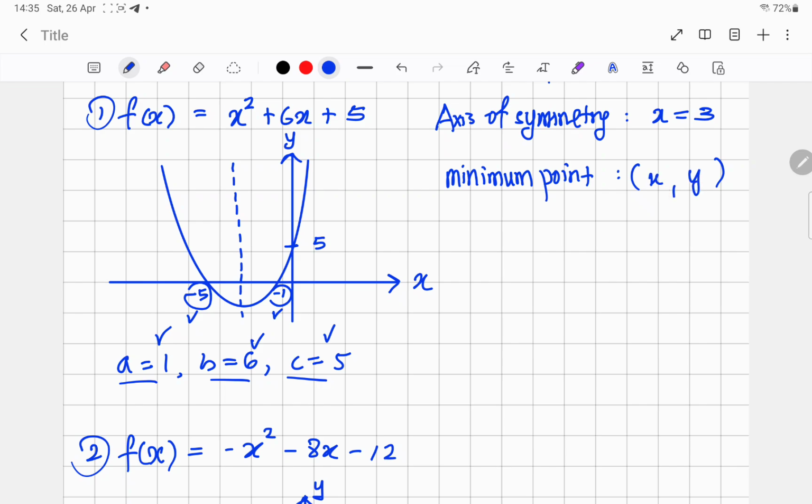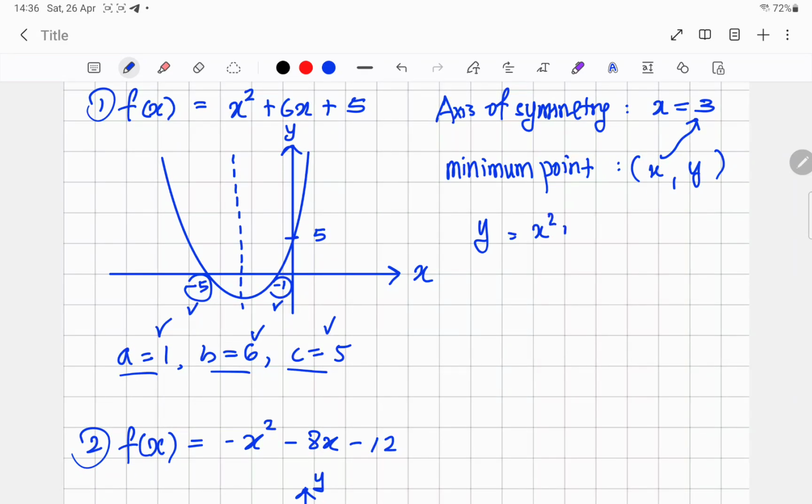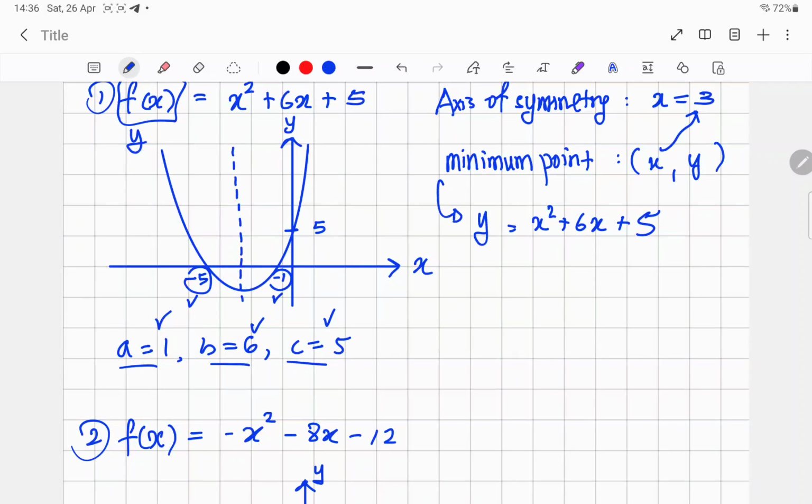For the coordinate, we have x and y. What is the value of x? It is actually the axis of symmetry, so this is your x. What is the value of y? You can find y by substituting x into the given equation. So you get y equals x squared plus 6x plus 5. Although this is f(x), you can change it to y when you want to find the minimum point.